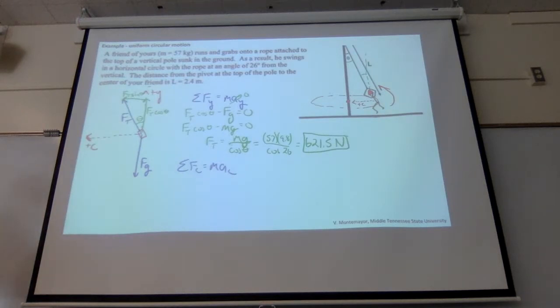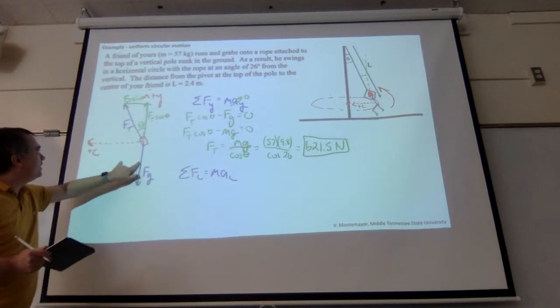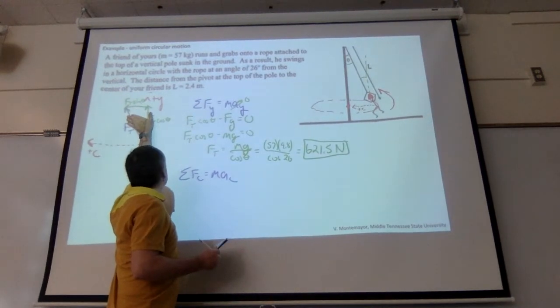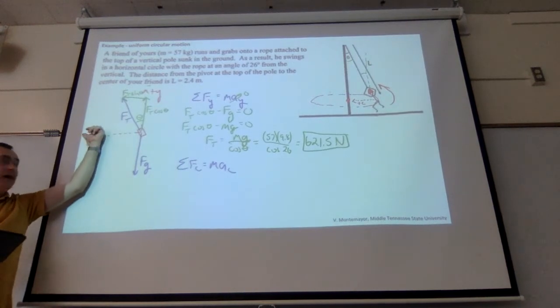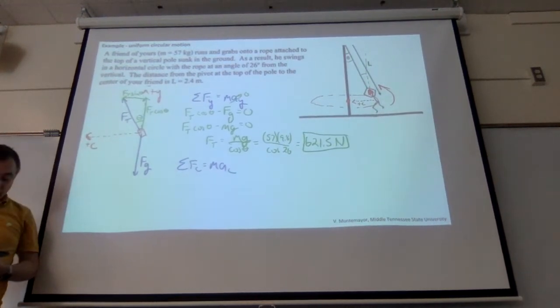That's one thing we were able to find based on what's unknown so far. That should not come as anything new. Sum of forces in the y direction. In the c direction, looking back at my diagram, the only thing that points in the c direction is that top force. It's parallel to the c axis and points in the positive c direction. And that's all that's there.